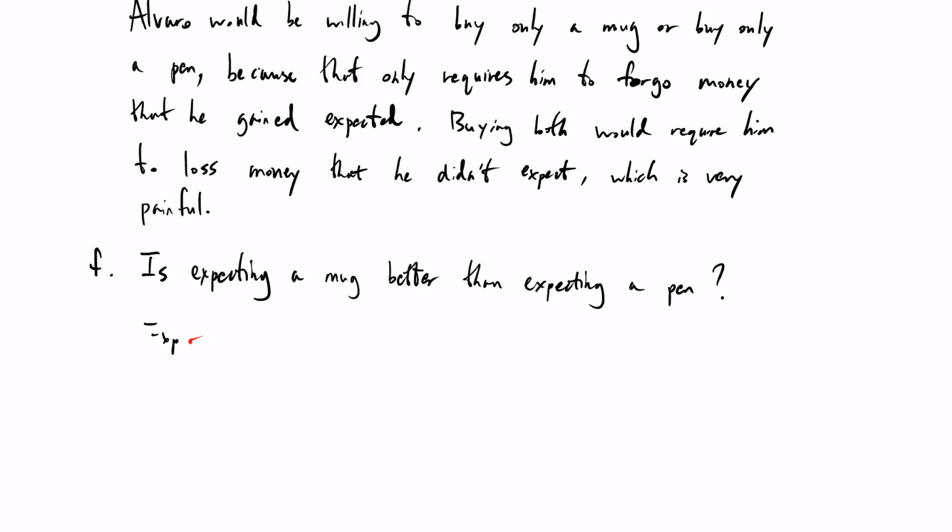Let me call this case 1: expect a mug. So that means R2 is 1, right? You expect a mug, R1 and R3 are 0. The second case would be expect a pen, which would be R3 is 1.